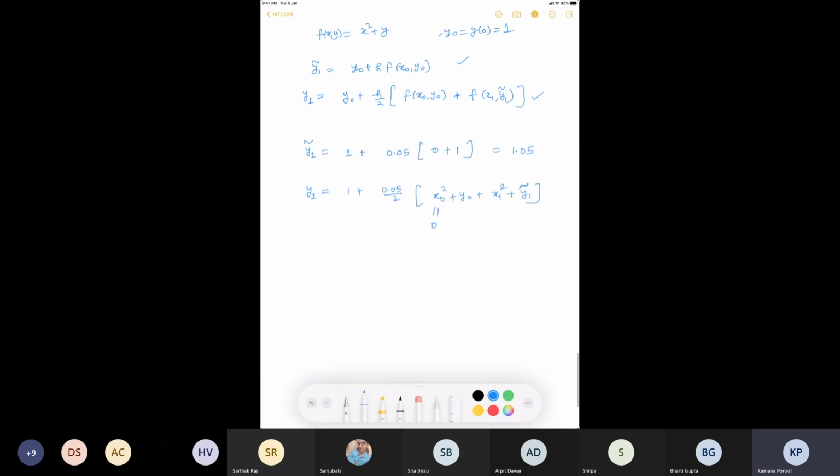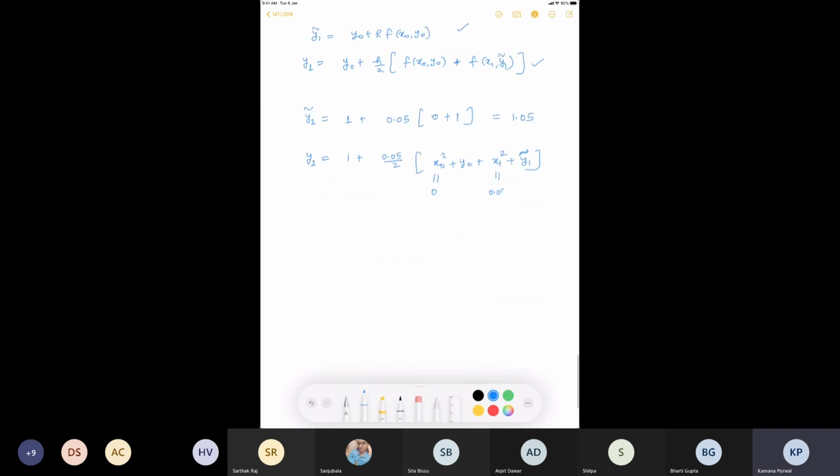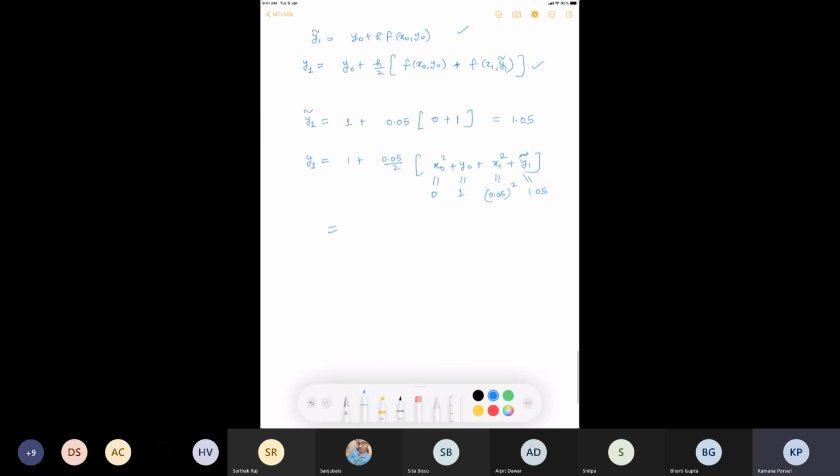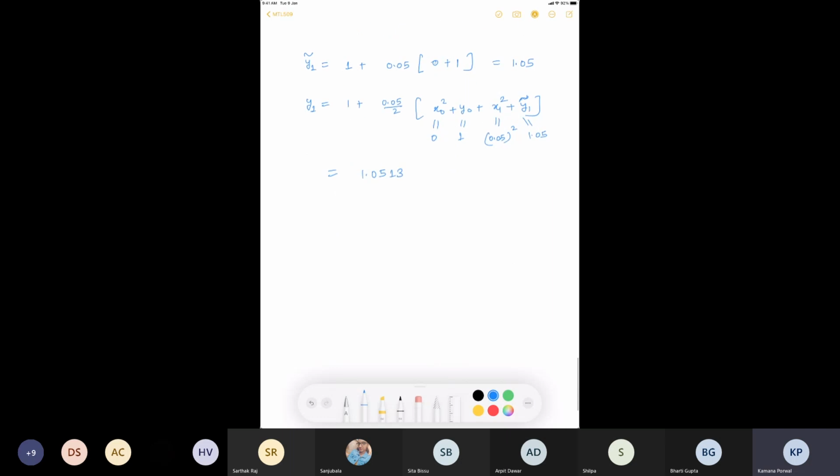So this is 0, and x1 is 0.05, squared. y0 is 1, and y1 tilde we have just computed, 1.05. So if you simplify this, let me see what I get. I get this as 1.0513. You can verify this calculation.